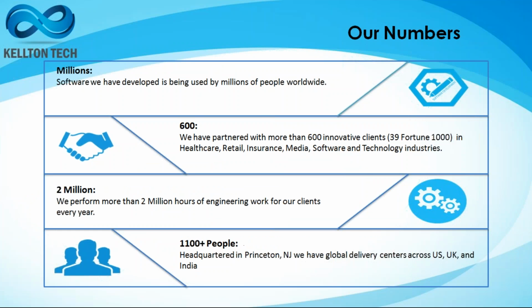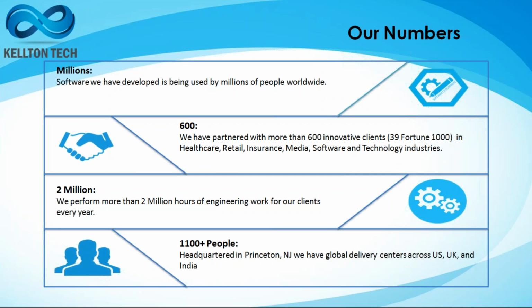Coming to the next slide, these are our numbers. Kellton Tech is a public limited company. In 2016, we are at 1,100 plus people, headquartered in New Jersey. Of course, we have global delivery centers across US, UK, and India too.